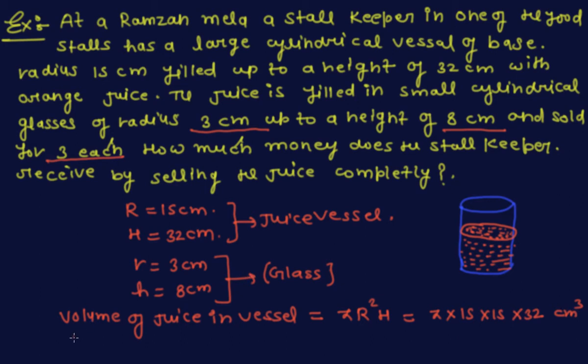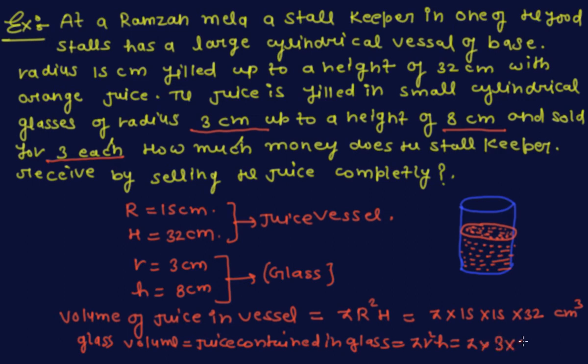Now the glass volume, or juice contained in a glass, is also pi r square h, which is equal to pi into 3 into 3 into 8 centimeter cube.